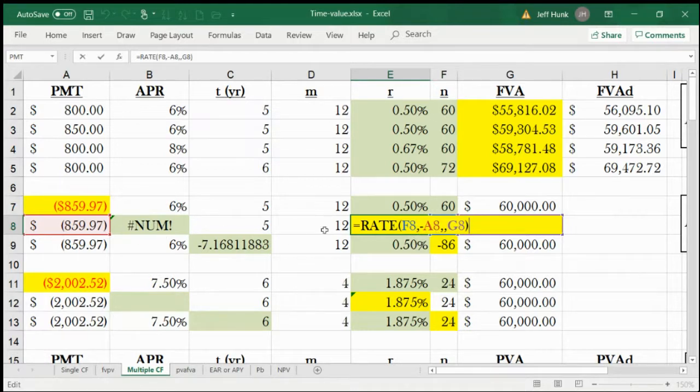But because it was not negative previously, we made it negative. So think about it. Now this is already negative, and you make it negative again, then it's going to be positive. So that's why. You take out the negative sign, then this will be A8 by itself, which is already negative. So you get that, right?